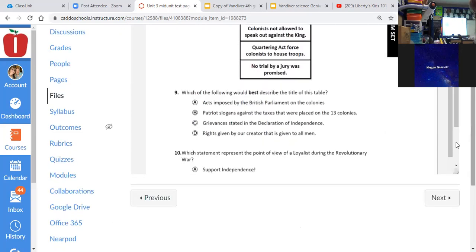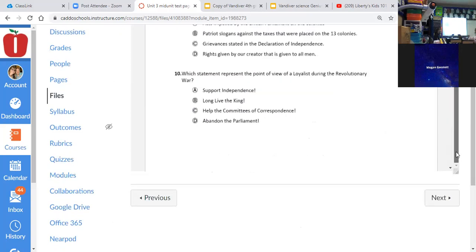All right. Number 10. Which statement represents the point of view of a loyalist during the Revolutionary War? Which one would be a loyalist statement? Support independence, long live the king, help the committees of correspondence, or abandon the parliament? B, long live the king.